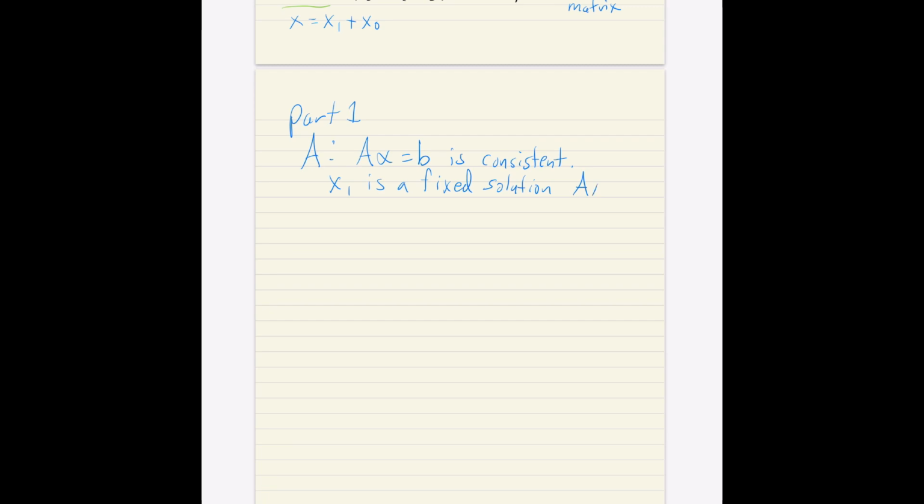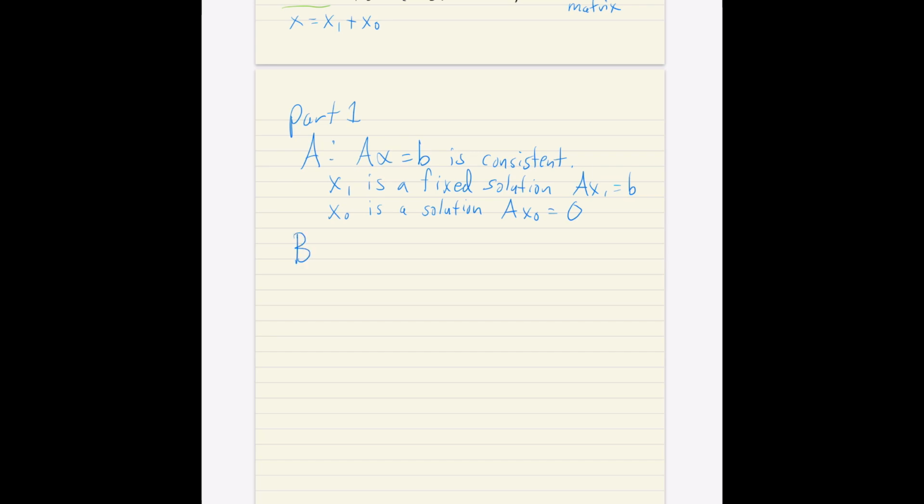So we know that A x1 equals b. And we also know that x naught is a solution, and I'll refer to this as the homogeneous solution. A x naught equals 0.